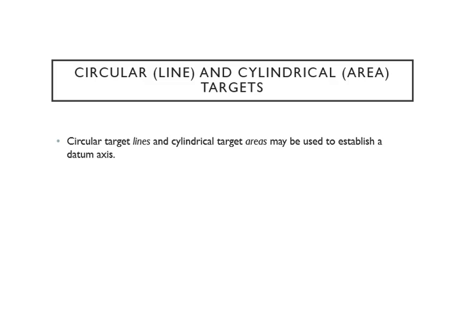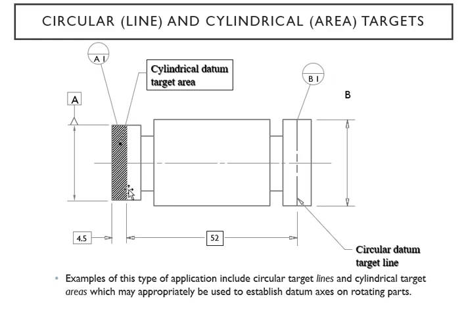Yeah. Alright, then circular target lines in cylindrical target areas. You can use them to establish your datum axis. So let's take a look at it. So here we have a cylindrical datum target area right there. And don't forget, the boundary should be the phantom line. Okay, the drawing is really bad in this slide.